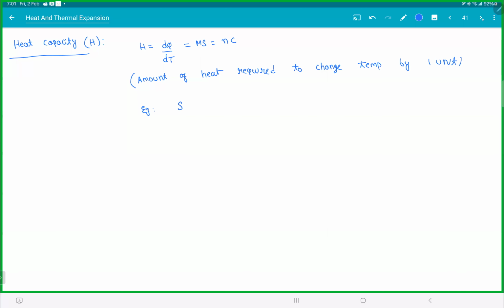So example, this is how it looks. If you take a specific heat capacity S, this would be 200 for example, calorie per Celsius per gram. Same thing, if you talk about heat capacity of a body, units will be simply 400 calories per Celsius. So here we are talking about 2 kgs body.